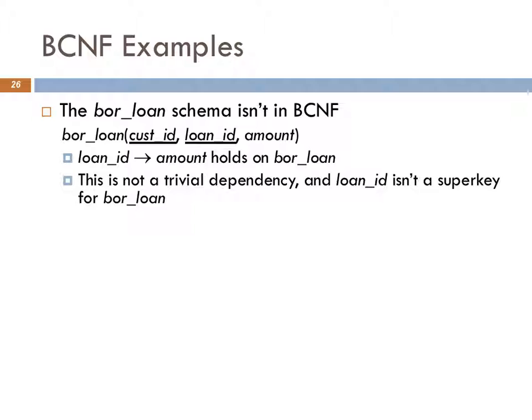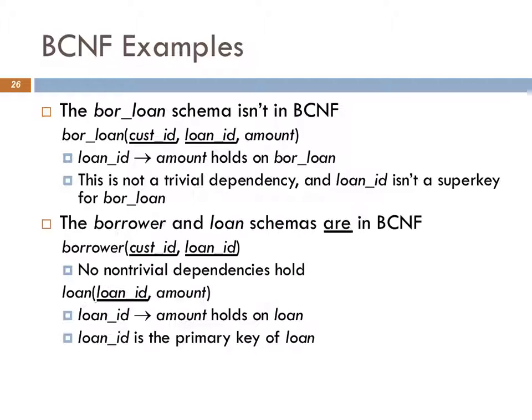It's not a trivial dependency. The left-hand side is not a subset of the right-hand side. But we also know that loan ID by itself cannot be a superkey on this schema because we have another constraint we need to satisfy. So this schema is not in Boyce-Codd normal form.